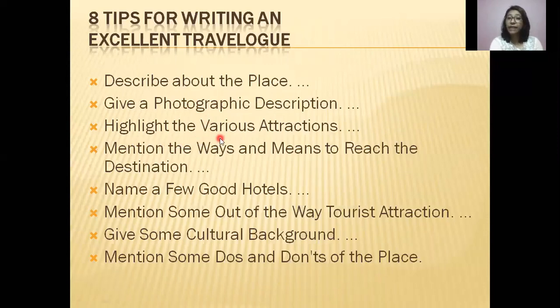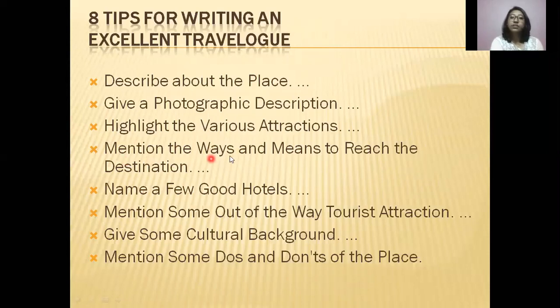You have to highlight the various attractions, just like when you read brochures or advertisements of some places, if various attractive places are written, then people get more attracted, more appealed to reach that place as soon as possible. They develop a strong feeling to reach over there. So this is very important. Mentioning the various attractive places of that destination is very important.